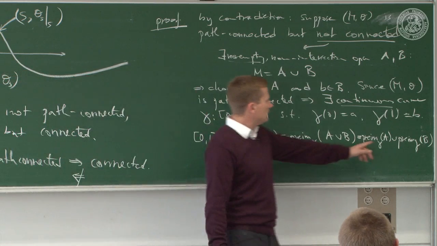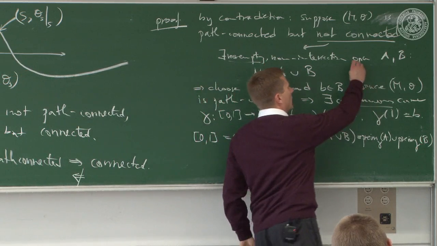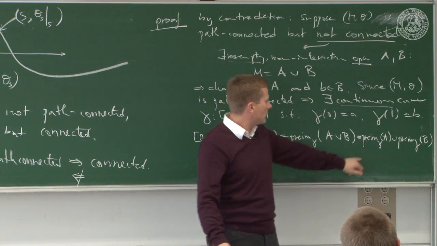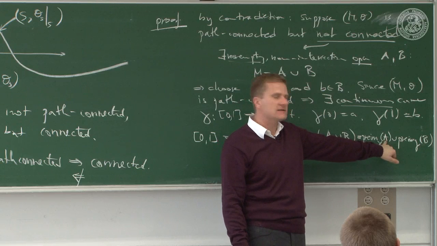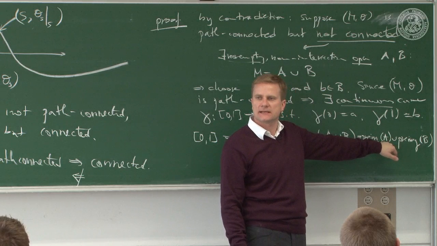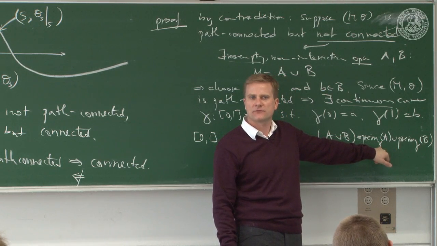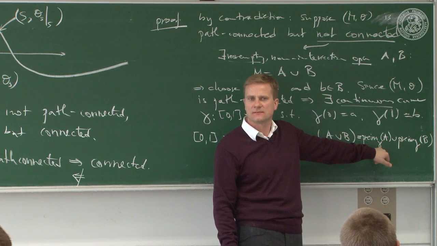Now A and B were non-empty, non-intersecting, and open. Now gamma is continuous and A is open. What do we know about the pre-image of an open set under a continuous map? The pre-images of open sets are open.